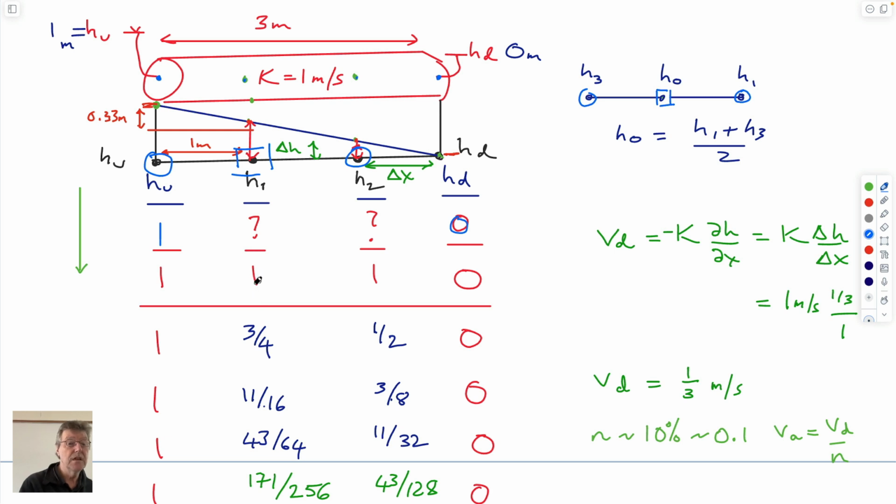So let's guess some. We know that the upstream head is 1 and the downstream head is 0. We think that for this diffusive process, the values of the heads should be somewhere between those, not less than 0 or more than 1. So we could choose either 0 or 1. Let's just choose 1 for each of those.